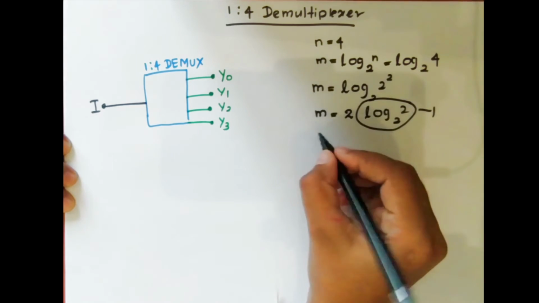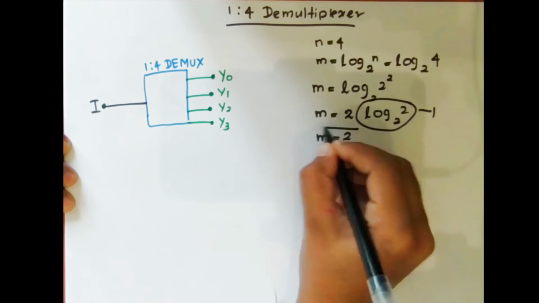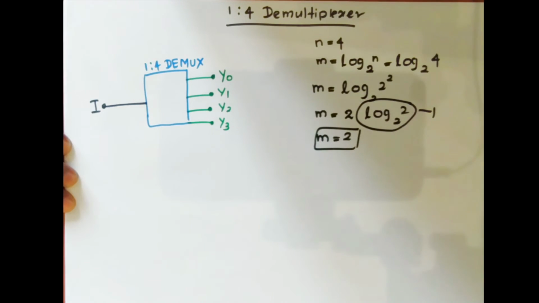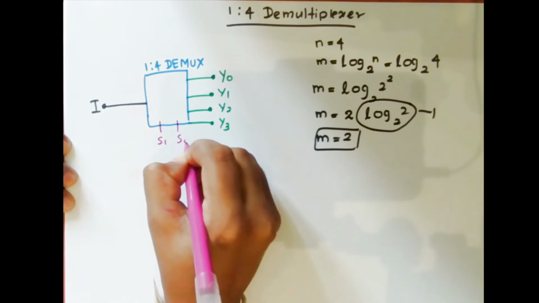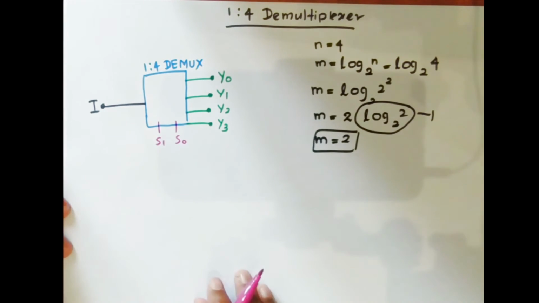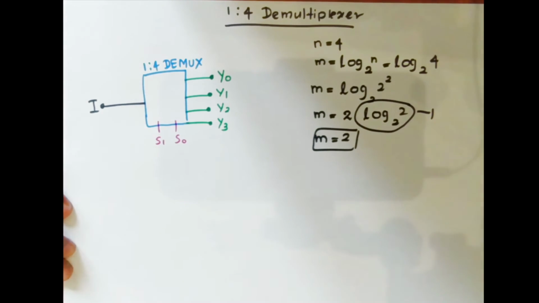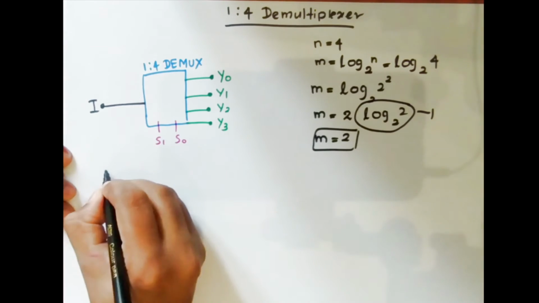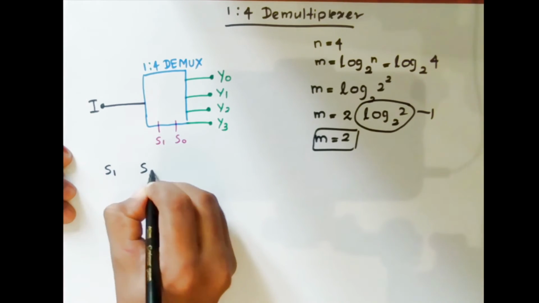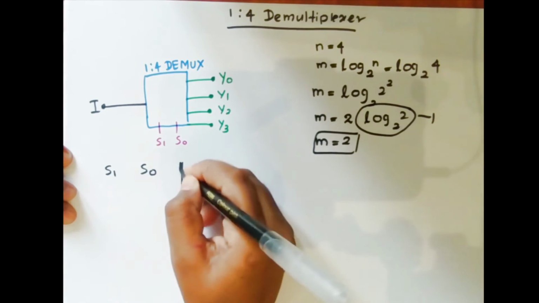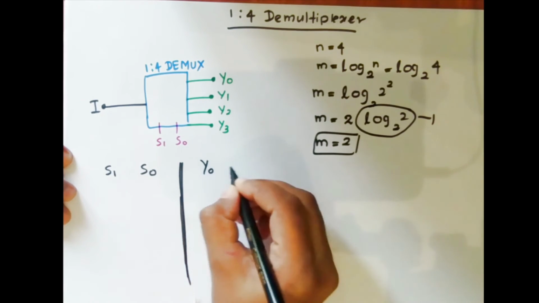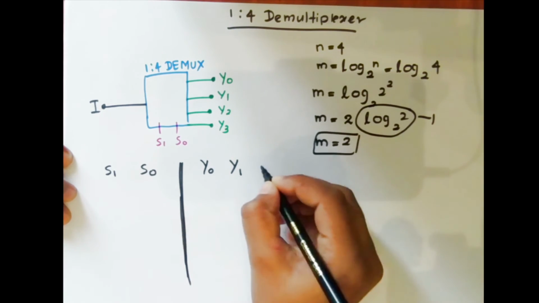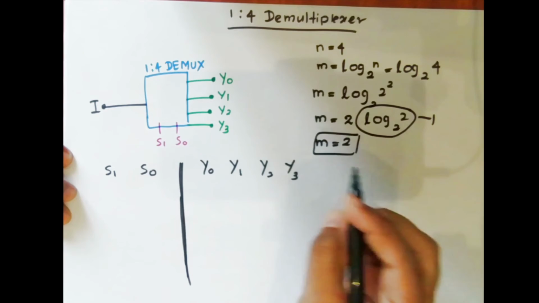So m will be equal to 2, and there are 2 selectors, S1, S0. So let's draw the table for this demultiplexer. There are 2 switches, 2 selectors, and there are 4 outputs, Y0, Y1, Y2 and Y3.